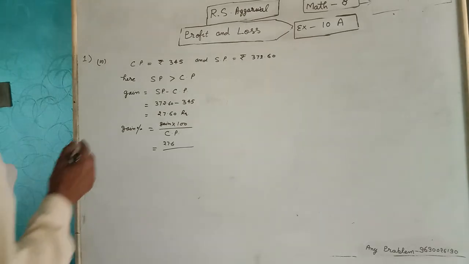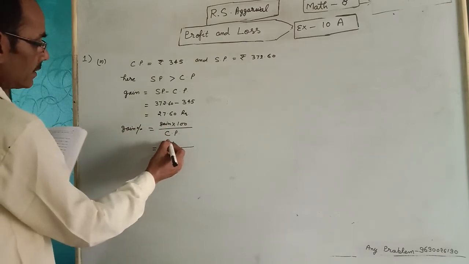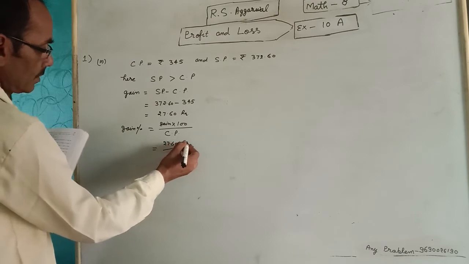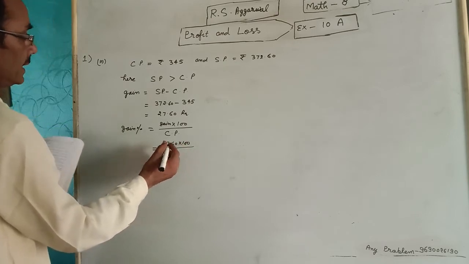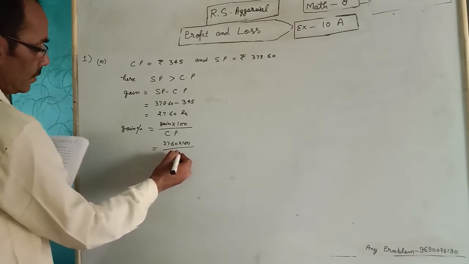Gain percent is equal to gain into 100 upon CP. Gain is 27.60 into 100 upon CP, which is 345.